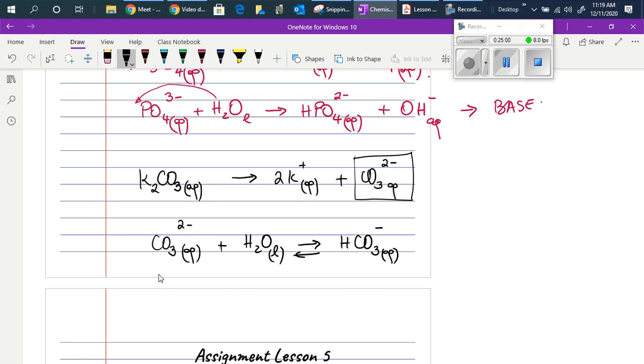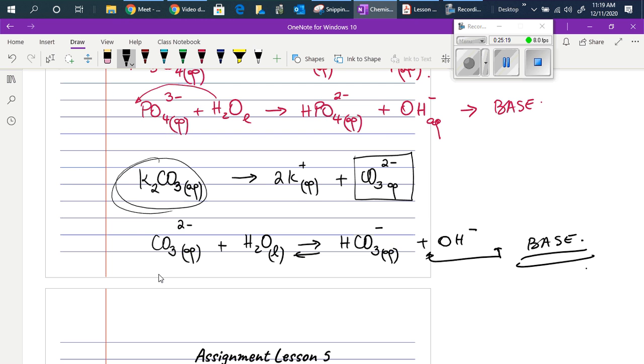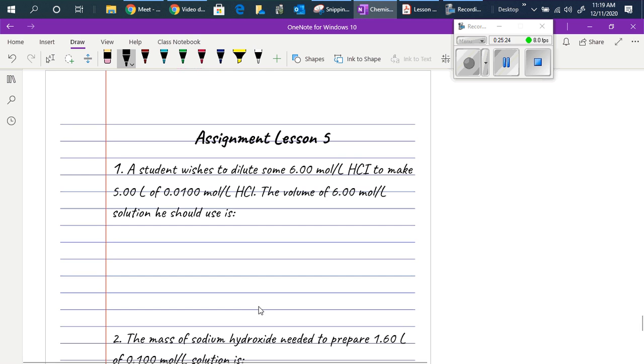Because -2 plus 1 is -1, plus OH minus. So that means that since we have the presence of hydroxide, then we have a base. Even though when we see it, it looks like a salt, actually it's a base. It's a weak base.